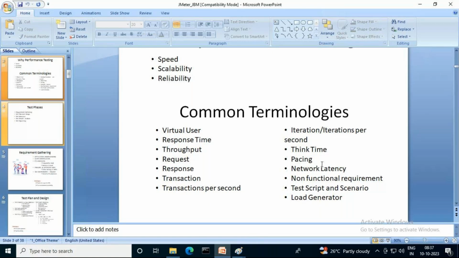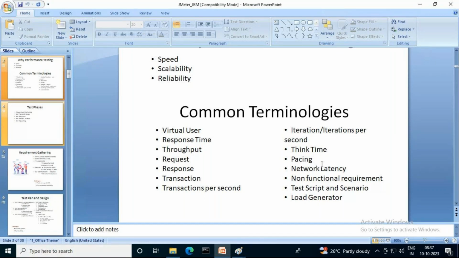Any thoughts? Do we test only positive or only negative or positive and negative? Positive. What I think is that in performance testing, both the scenarios have to be handled, positive as well as negative, expected condition as well as unexpected condition.